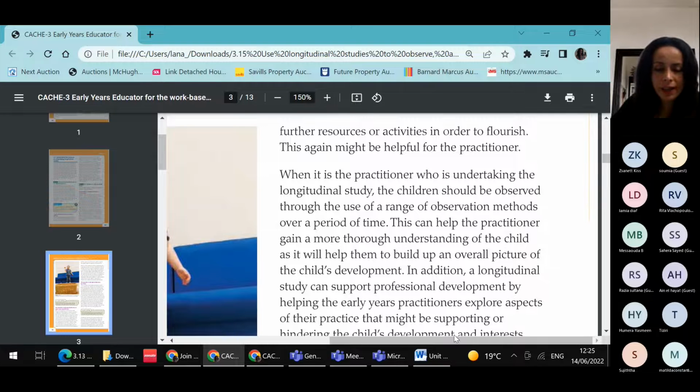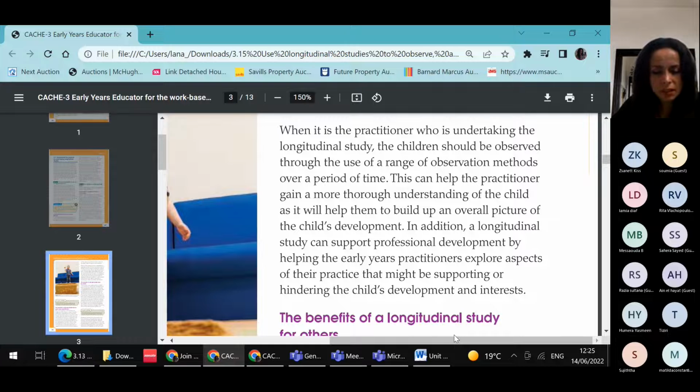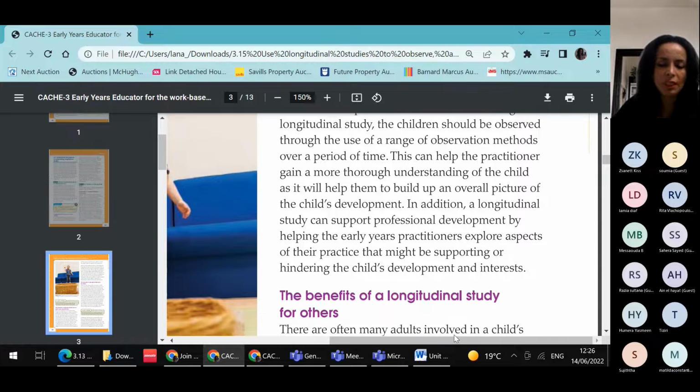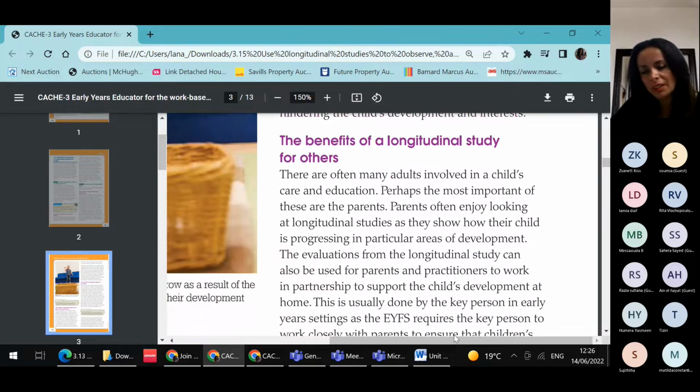So having these longitudinal studies is very, very important. It will also help the professionals, help others. So for you, if you know exactly the full story, the full picture, then you know whom to contact from the professionals to help the child more. Who else is involved and benefits from the longitudinal study?